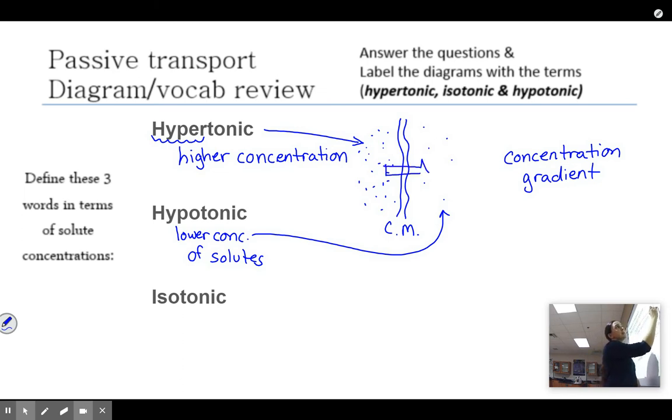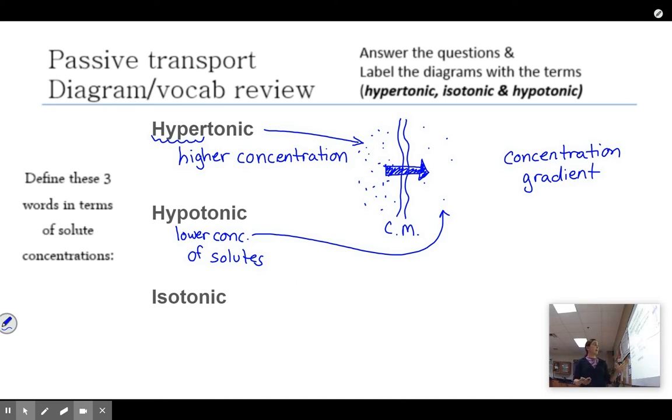So these particles, assuming that they're able to cross this membrane, would start naturally moving from left to right. And they're going to move that way until the concentration gradient, until that difference in concentration is gone. That won't be when the particles all move to the right, because then they're still different.